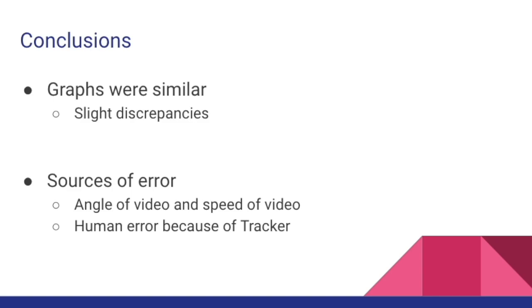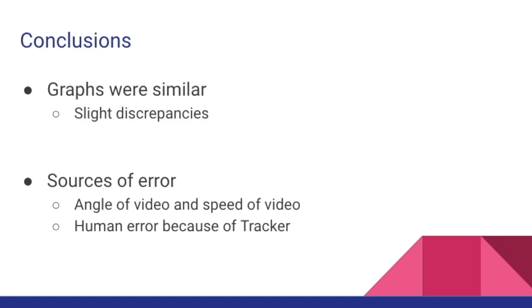Also, there could be human error within the Tracker tracking the motion of the slinky. But this graph was very interesting, seeing as even though the slinky was dropped, the bottom of the slinky did not move until the whole slinky itself was compressed.